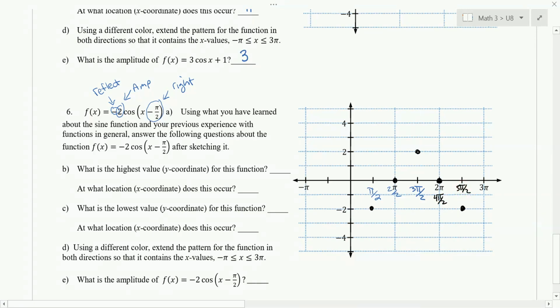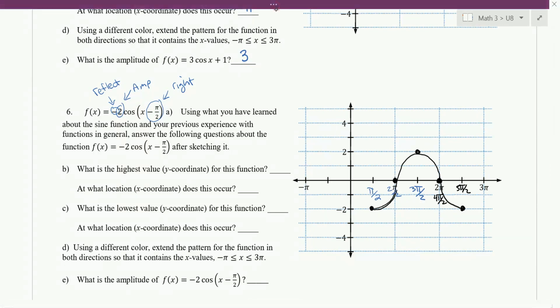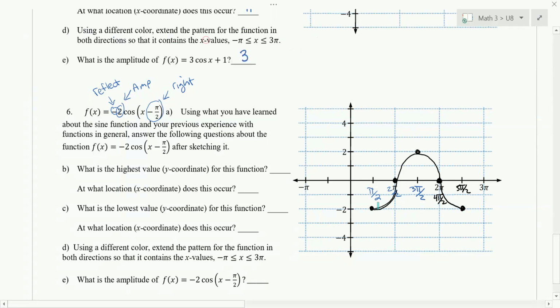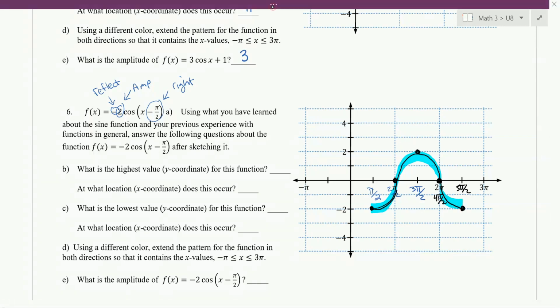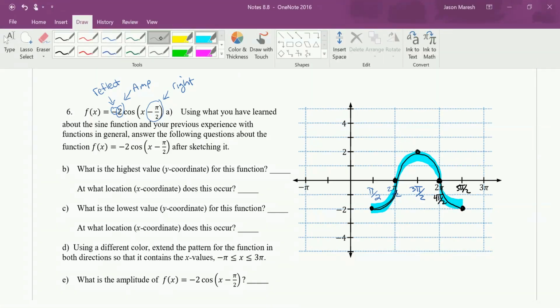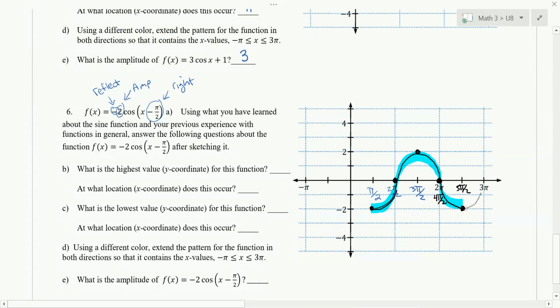So you guys have this V shape here, and here's the curve. Okay. If we continue this curve in each direction, looks something like this.